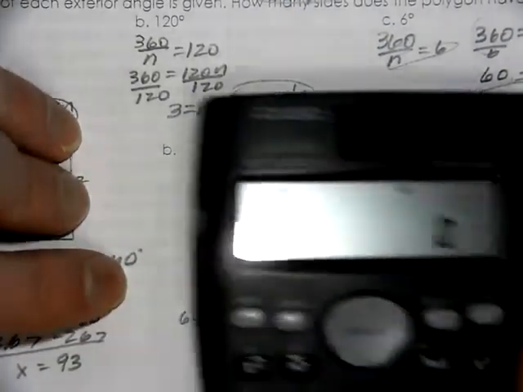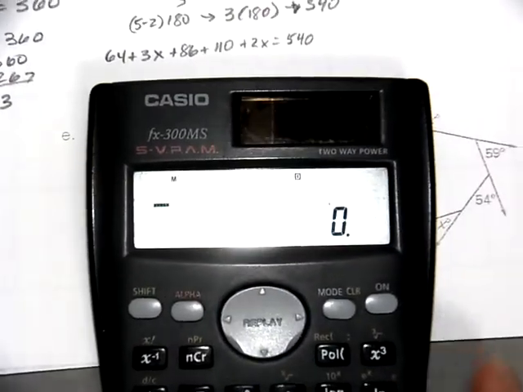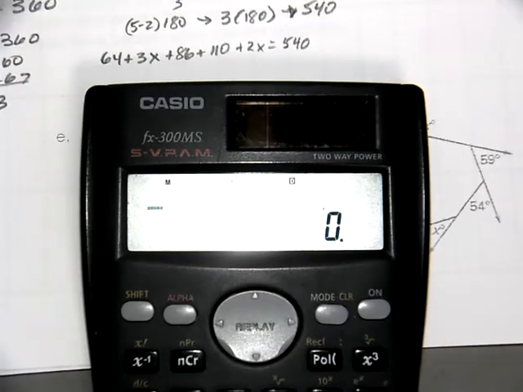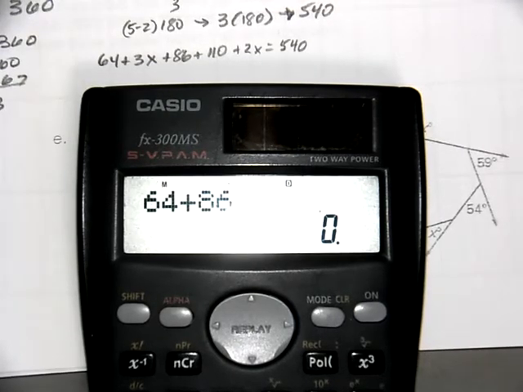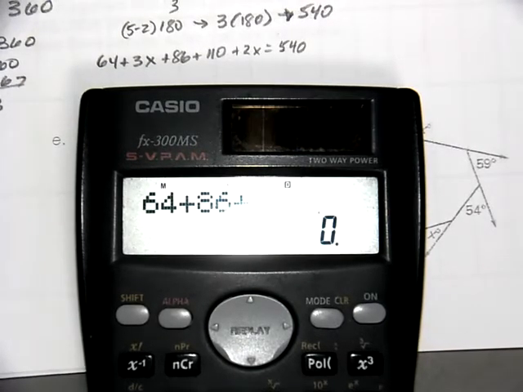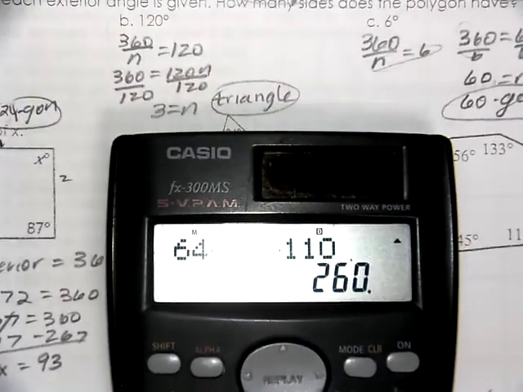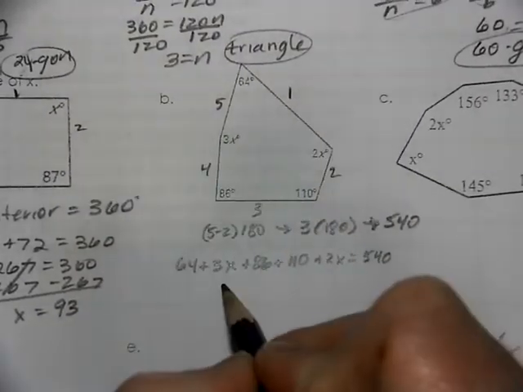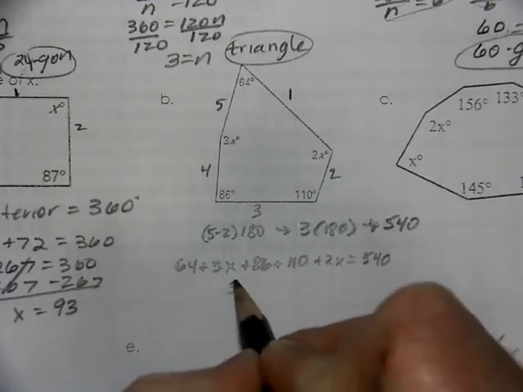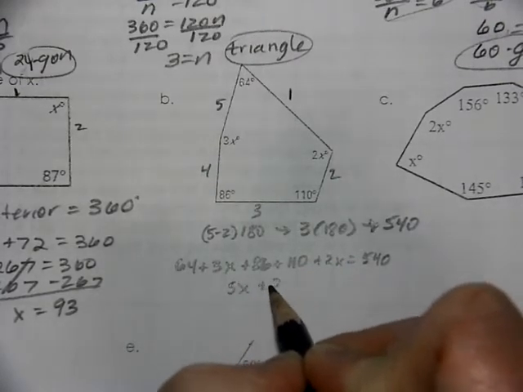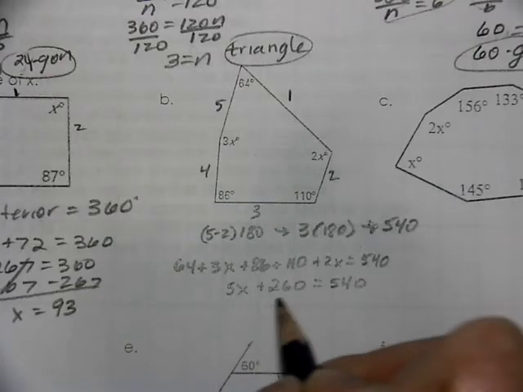So we're going to take our 64 and our 86 and our 110. That adds up to 260. 2x's and 3x's and 2x's give us 5x's plus 260, like we said, equals 540.